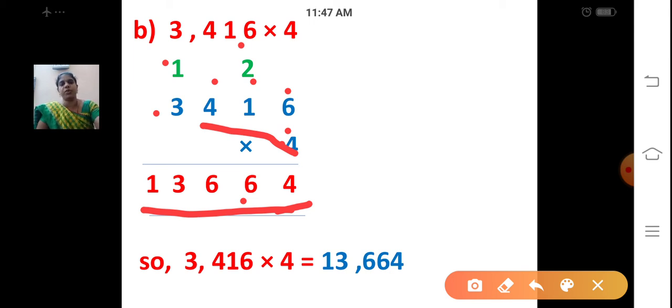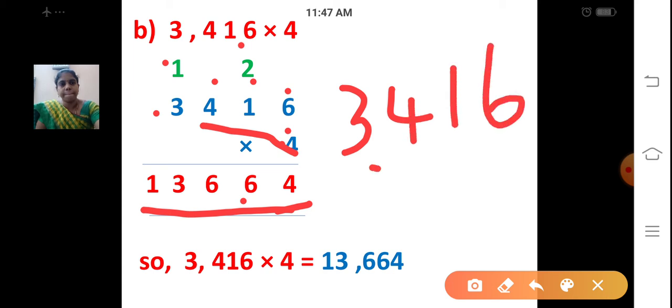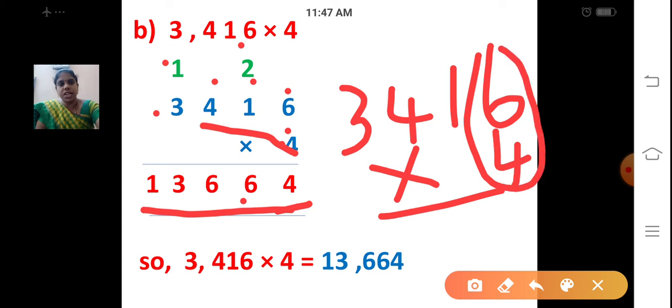13,664. I'll repeat it one more time. So 3416 into 4. First we have to multiply 6 fours are 24. 4, 2 will be carried over. Then 4 ones are 4. 4 plus 2, 6.